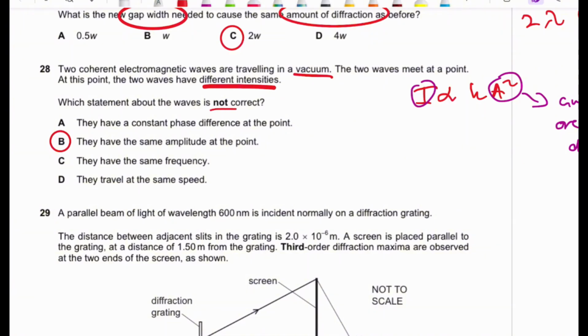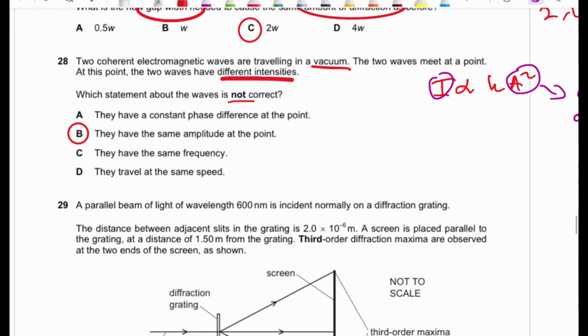But why are A, C, and D wrong? Well, if waves meet at a point, they're going to have a constant phase difference, that's for sure. Coherent waves means that they actually have a constant phase difference. If waves are coming from one source, they're going to have the same frequency, because to produce coherent waves, they need to have the same frequency.